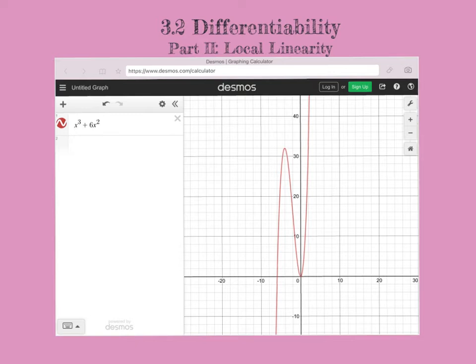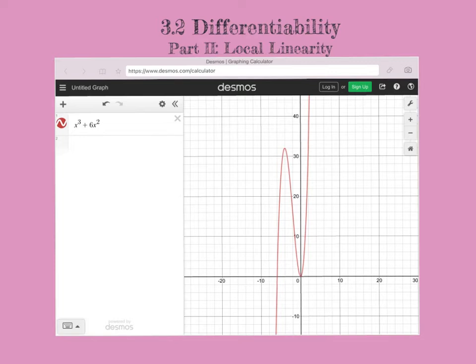It means when you zoom super far in and focus on some singular point on a function, it basically starts to look linear. It looks like its own tangent line at that point. And if a function is differentiable at that point, you can zoom super far in on that actual point and it basically looks like a tangent line, meaning it's differentiable at whatever point I zoomed in on.